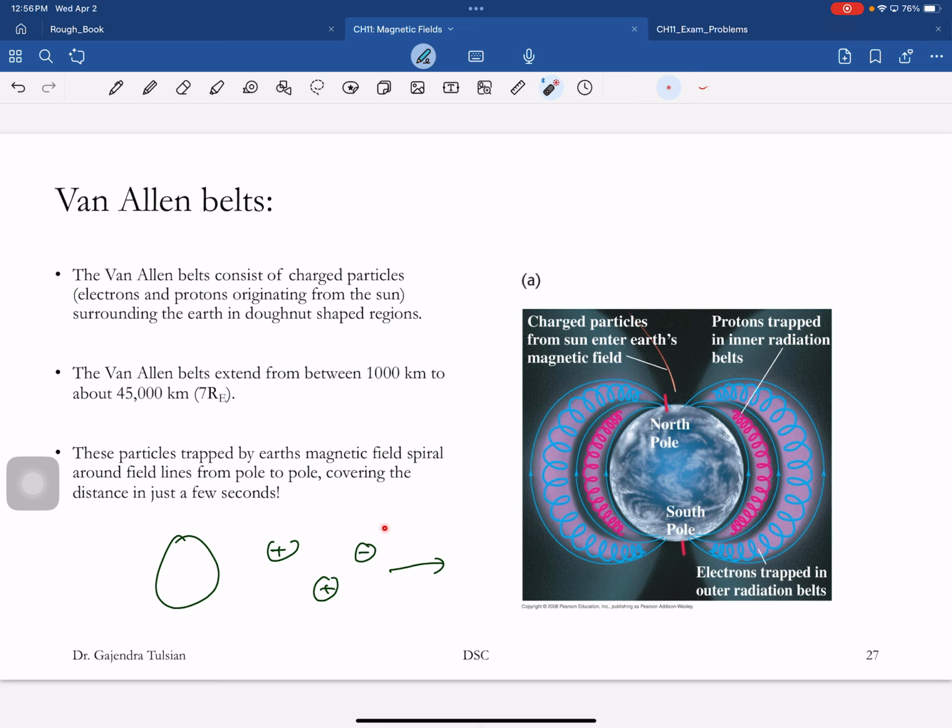They have a perpendicular component of velocity and a parallel component of velocity, and these charged particles spiral back and forth, and the stronger fields will reflect them back. So the Van Allen belts are solar wind trapped in our magnetic field.